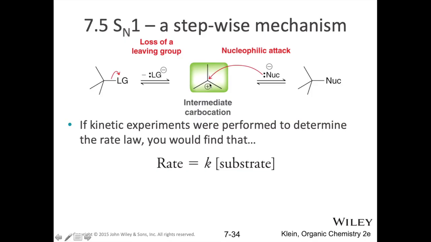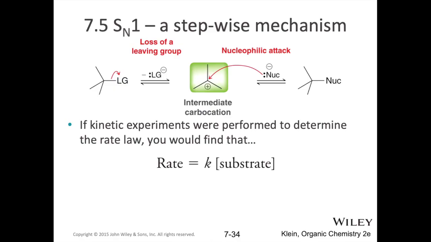Now, if you were to guess, you'd probably look at this and say, well, that second step looks like it would happen pretty fast, right? I mean, you've got this nucleophile that's really seeking an electrophile, and we've got this unstable carbocation. I say unstable, I mean, here we're seeing a tertiary carbocation, which is relatively stable for a carbocation, but keep in mind, carbocations are charged species. They want to react with things, right?